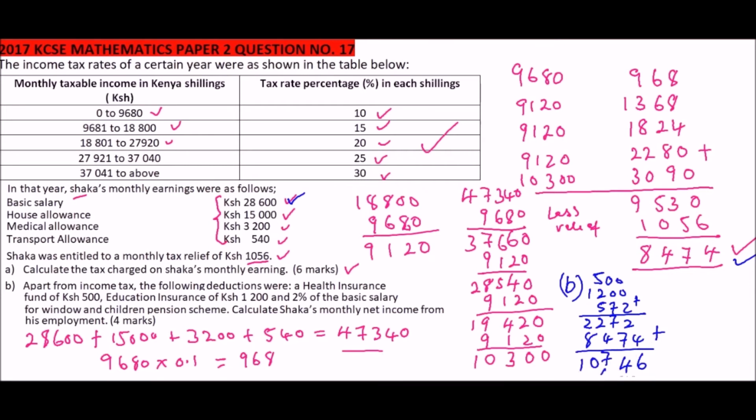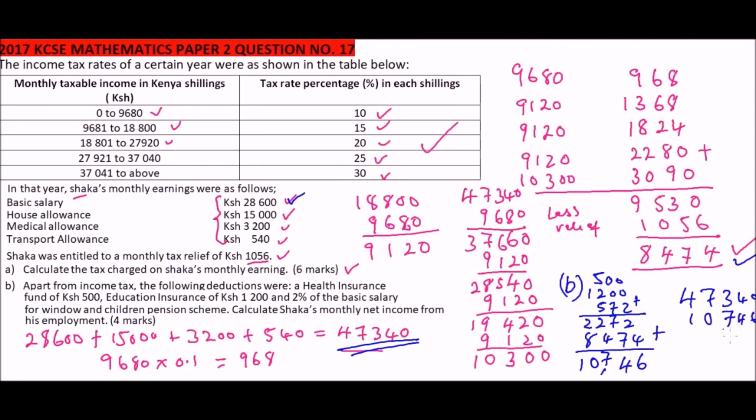10,746 is deducted from his salary, and we saw that his total earning is 47,340. So from 47,340, we subtract 10,746.